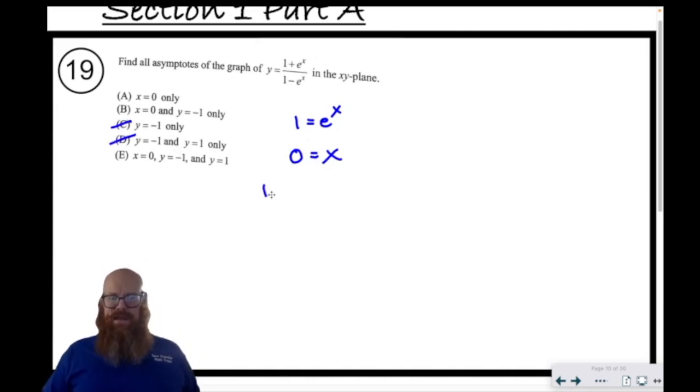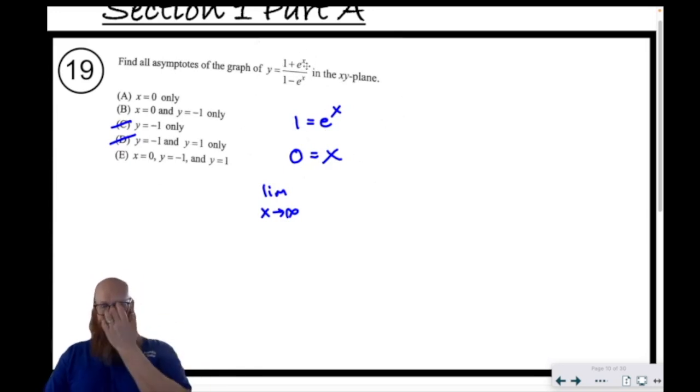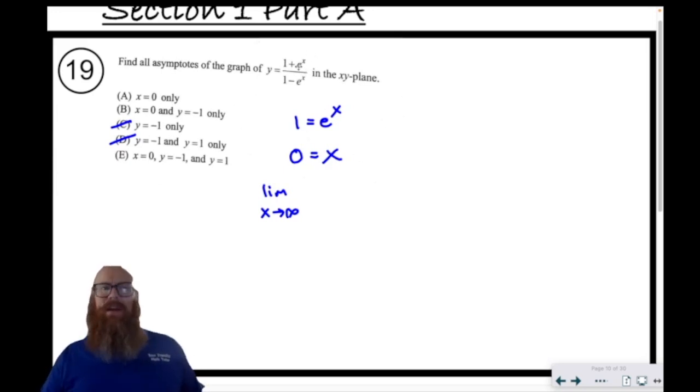Now I want to take the limit as x goes to positive infinity. The limit of e to the x at positive infinity is infinity. So I'm going to get infinity over infinity, or infinity over negative infinity, but that's still infinity over infinity.